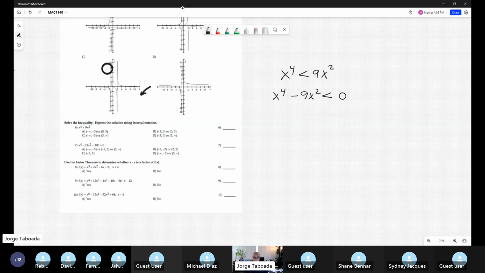Now, after that, you are doing factorization of the left-hand side. The greatest common factor is x squared. We have x squared minus 9.